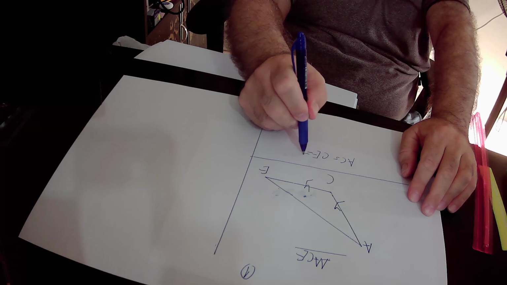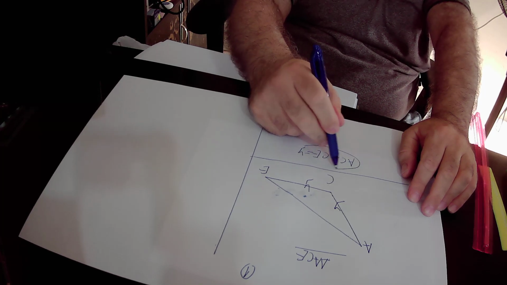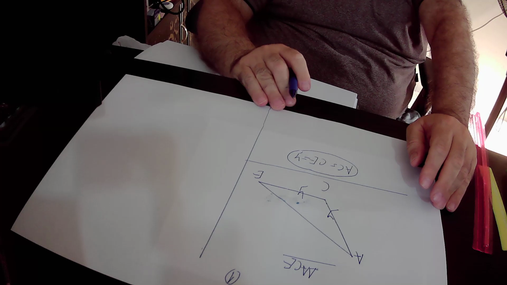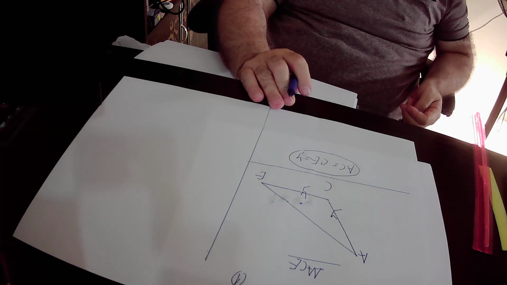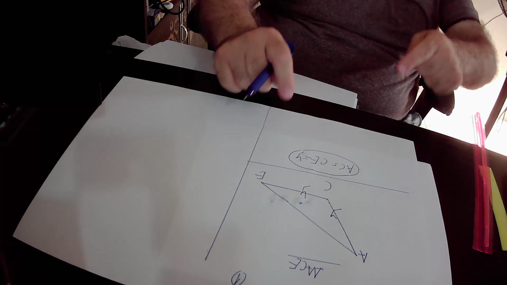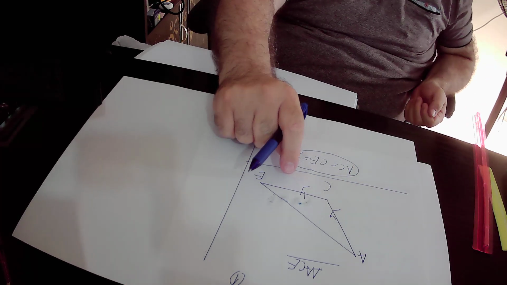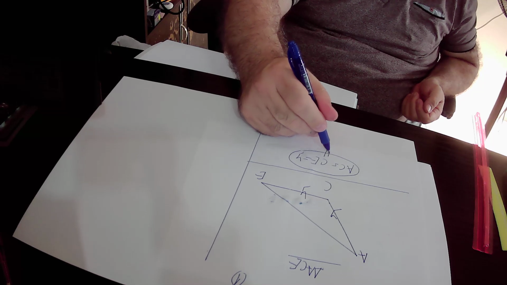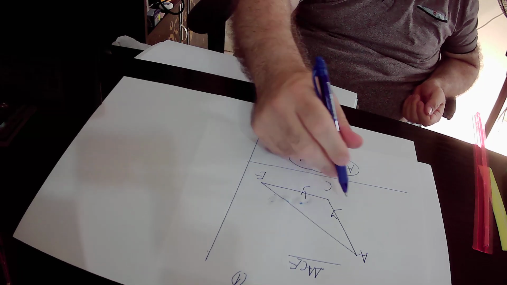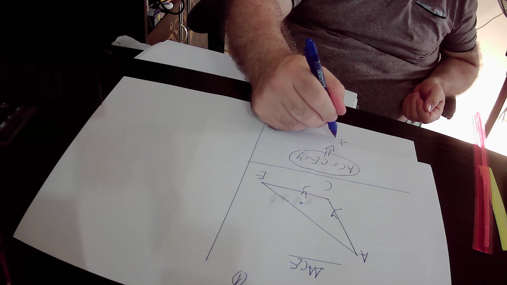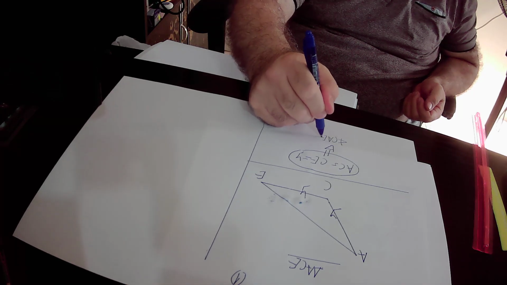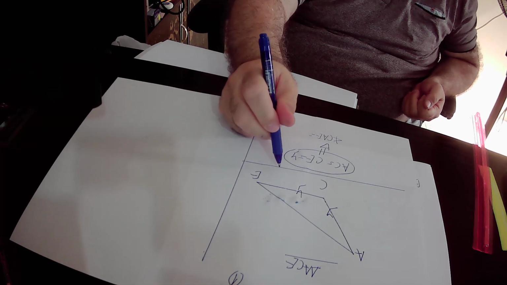And we have the rule that in front of equal sides in the triangle there are equal angles. So those two angles that are located in front of those two equal sides must be equal to each other. So here, angle CAE must be equal to angle CEA.